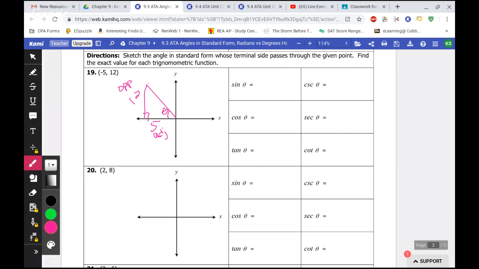To find that measure, I'm looking for my calculator. I'm sorry. I can't do some of these in my head. So I was going to pull up my online calculator or use my phone.